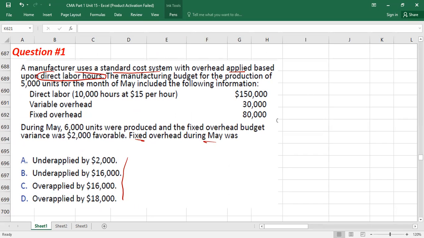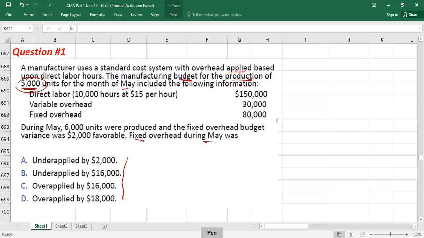The manufacturer budgets for the production of 5,000 units. So this is the budgeted output. Then for the month of May, the following information. Actually, this information is for 5,000 units.